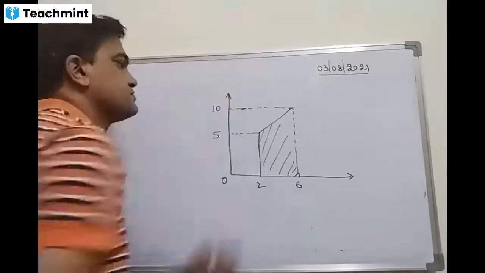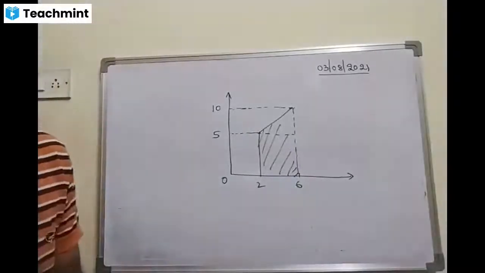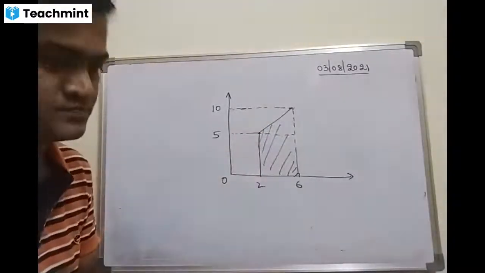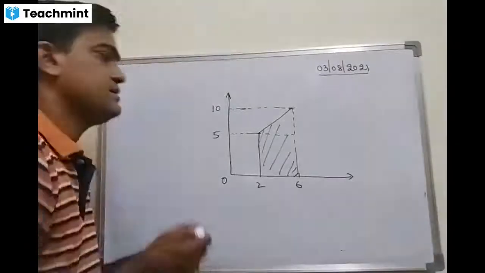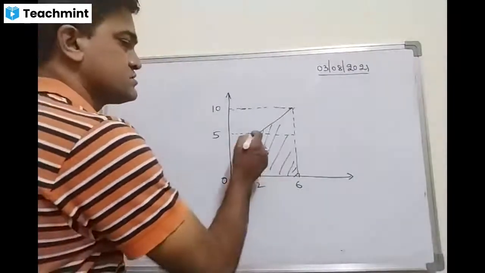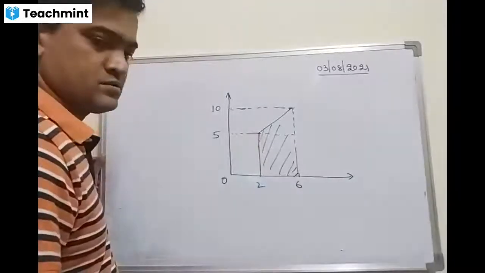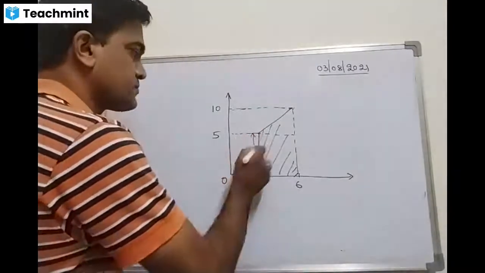Now I want to find out the area of this trapezium. So how do we find the area of trapezium? What is this length? Let me take this one as A.